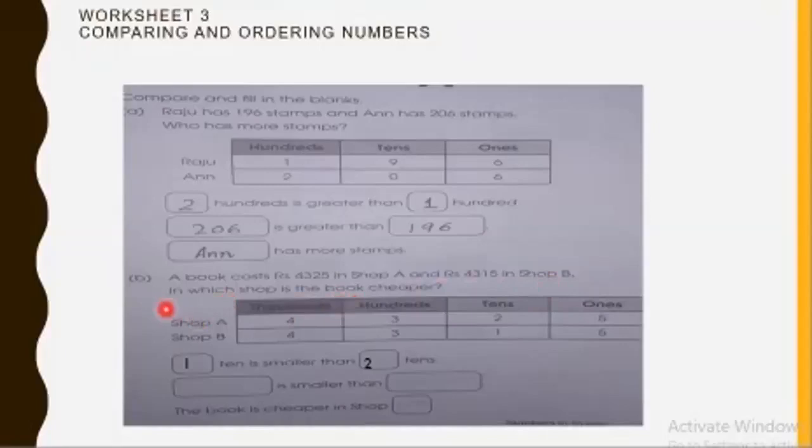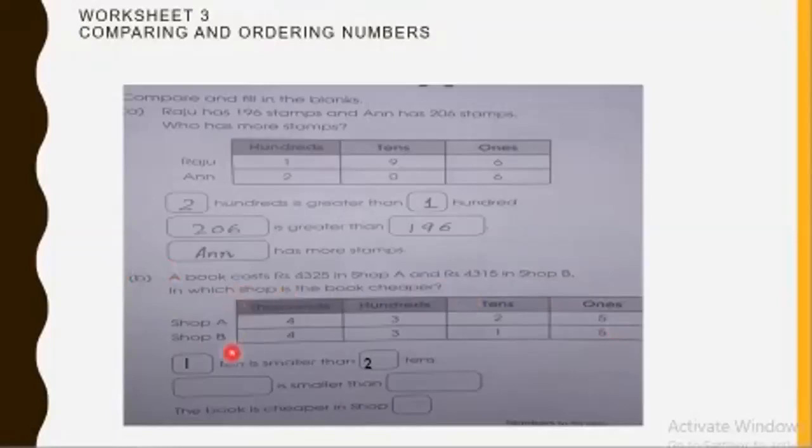The main idea of this question is that the book is the same, but it has two costs in two different shops. So they are asking you to tell them which shop has the lower price of the book.